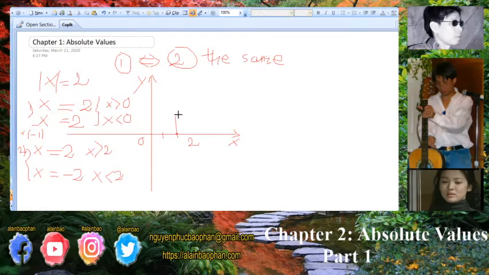Okay, so now I need to draw that. It should be a straight line, right? So x equal 2 when x greater than 0. So x has to be from here to here. Let me use a different color.